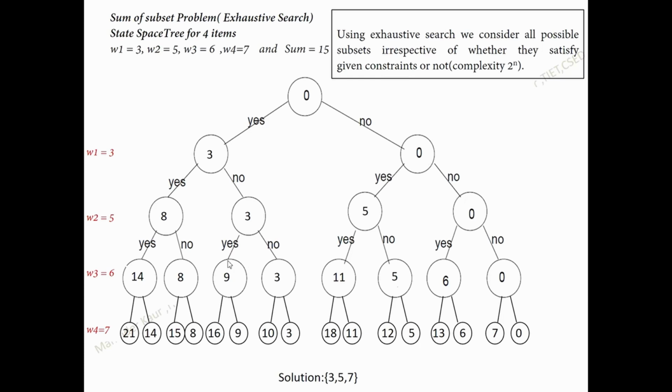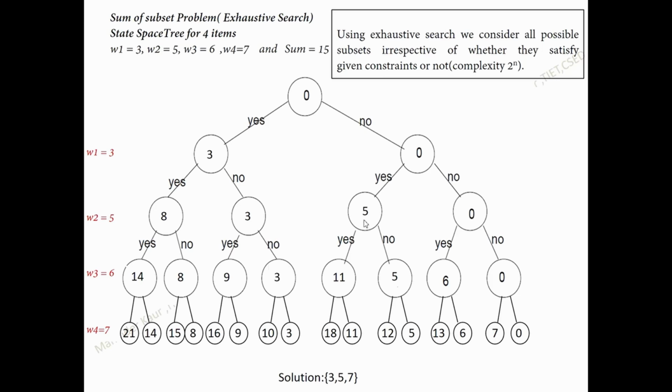Similarly, moving to the next level, this level says that item 6 is to be taken into account. If 6 is chosen, the sum of weight so far will be 8 plus 6, that is 14. If the right branch says 6 is not chosen, it will remain 8. Similarly, for the 3 node, if 6 is chosen, the value will be 3 plus 6, that is 9. If the right branch says it won't be chosen, then the sum of weight will remain the same.